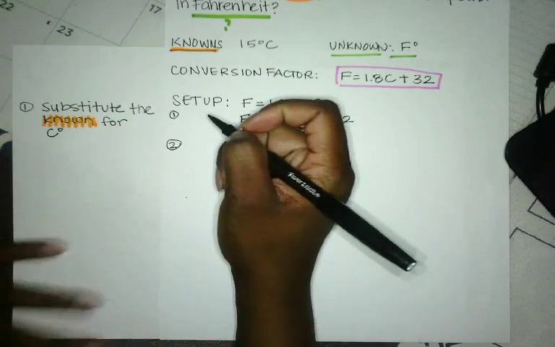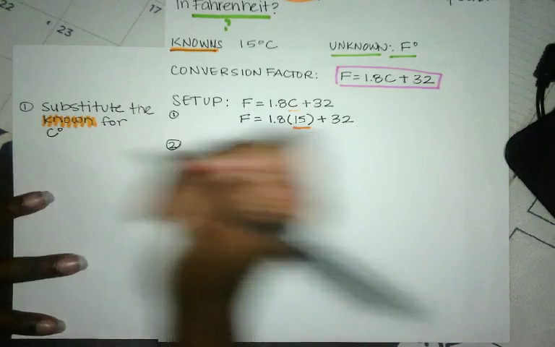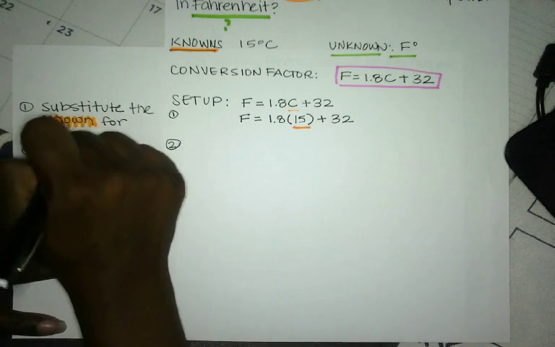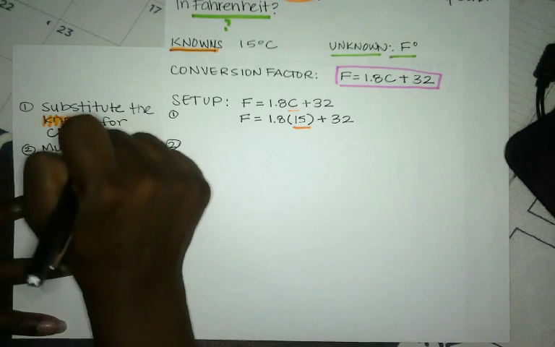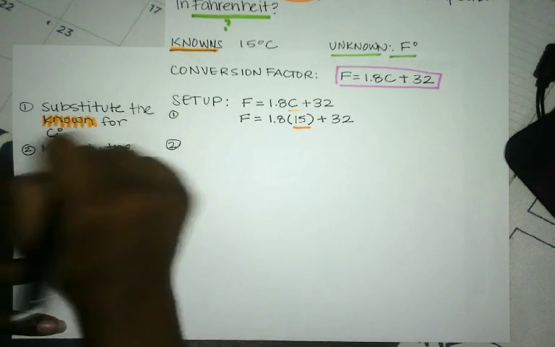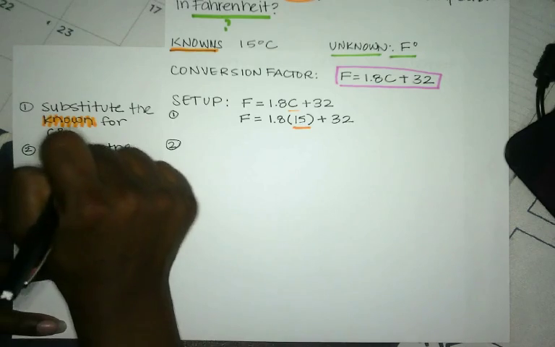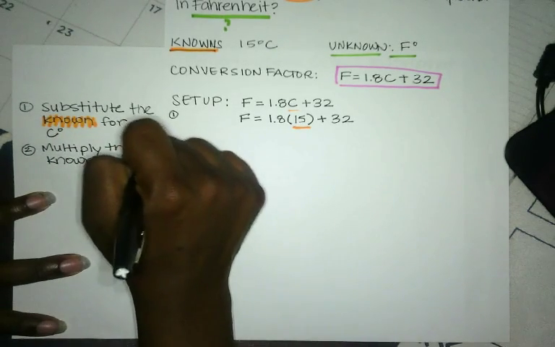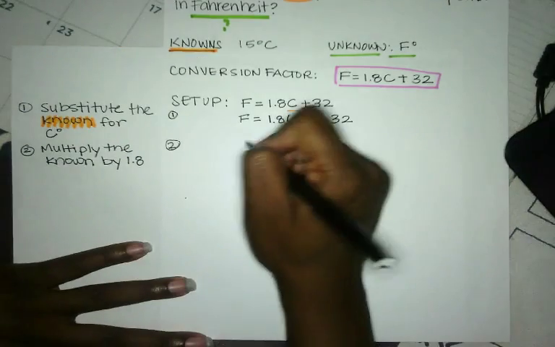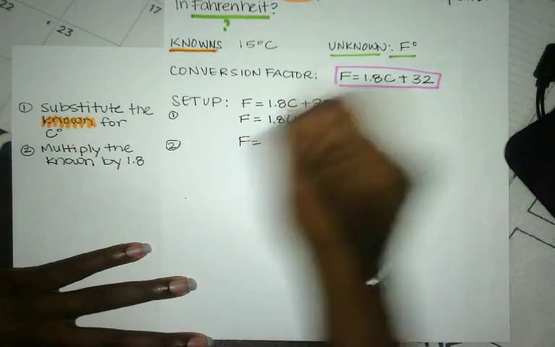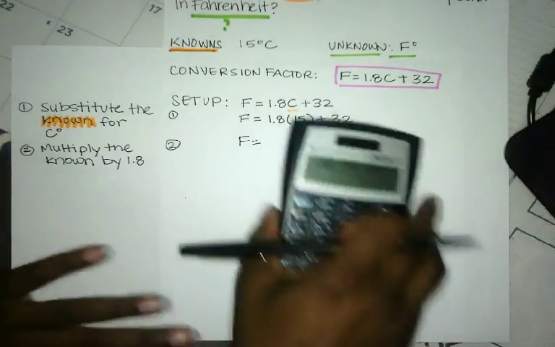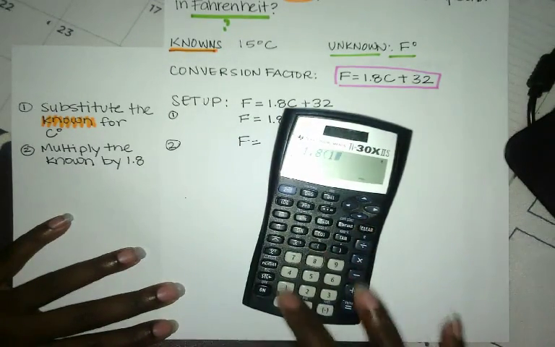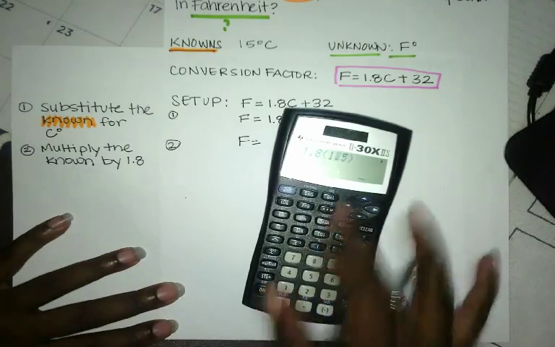Our next step is going to be to multiply. So if we do that, F is equal to, in our calculator, we are going to put 1.8 times 15. I put 1.5.